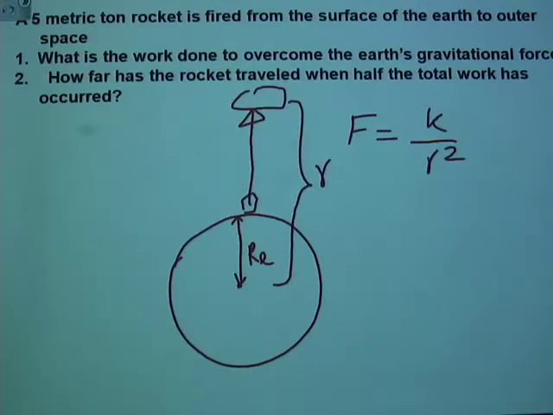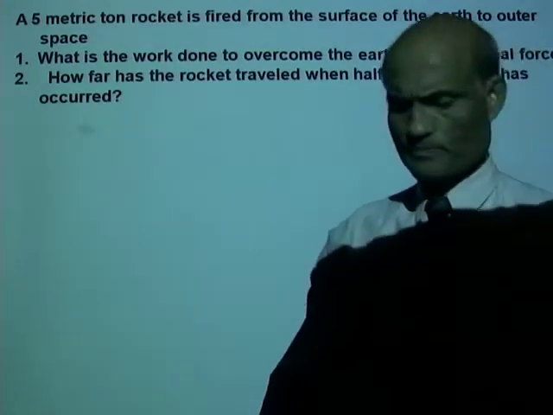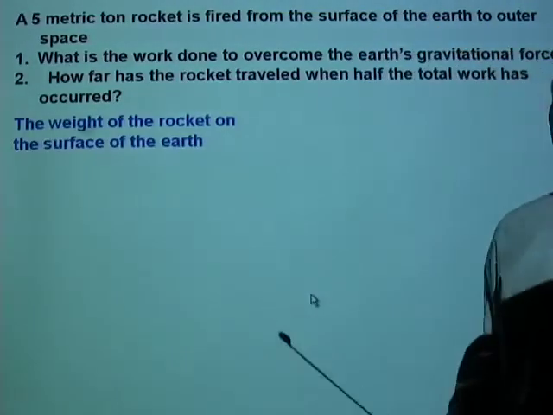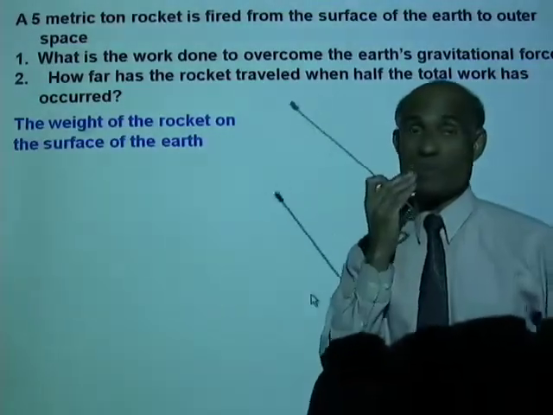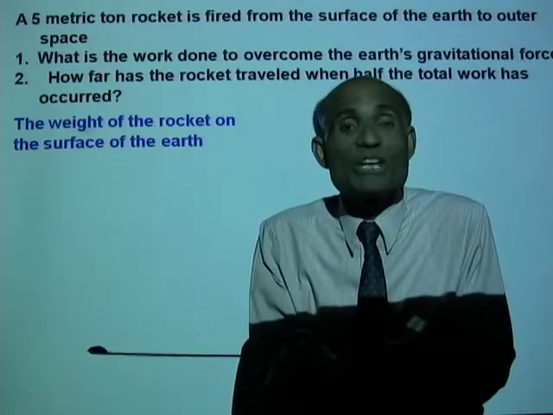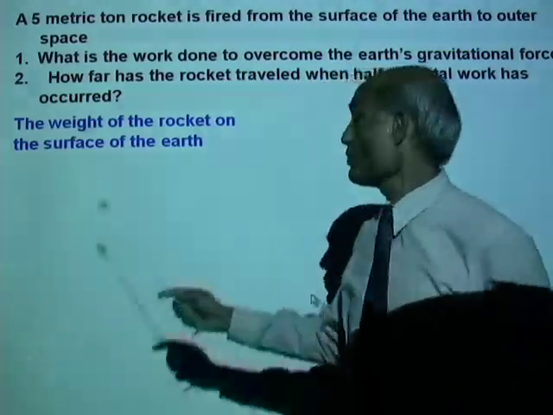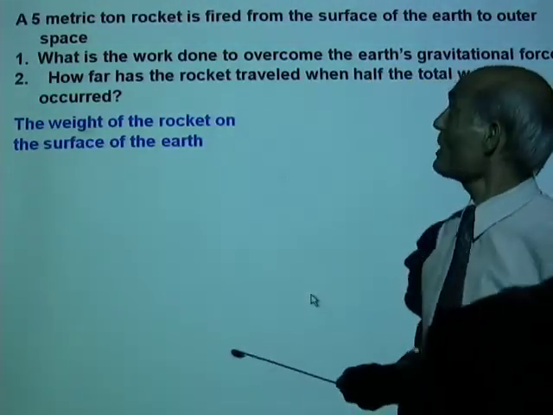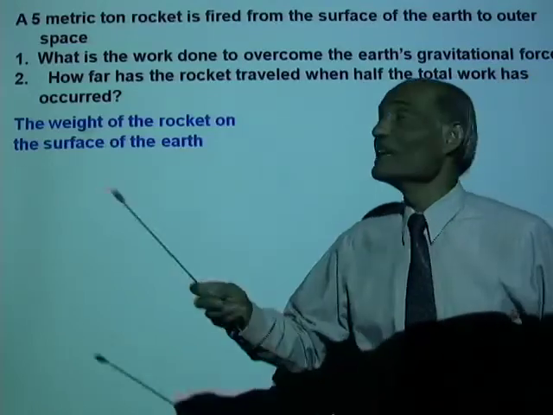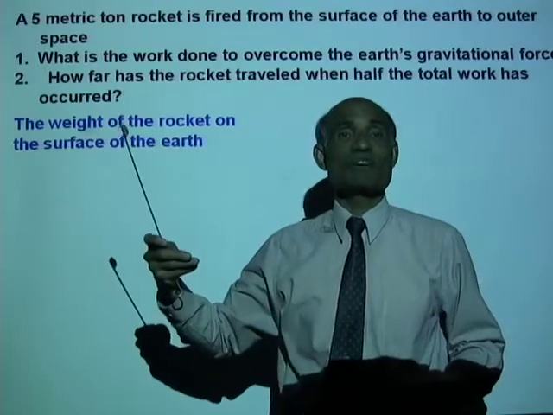Now that's what that means. Let's write these things down now. Okay. Now, the weight of the rocket on the surface of the Earth. Remember, the force that needs to be applied to lift the rocket is its weight. So, what is the weight of the rocket on the surface of the Earth? It is its mass times the value of g on the surface of the Earth.